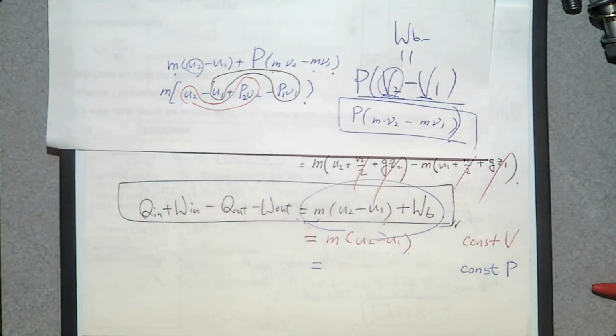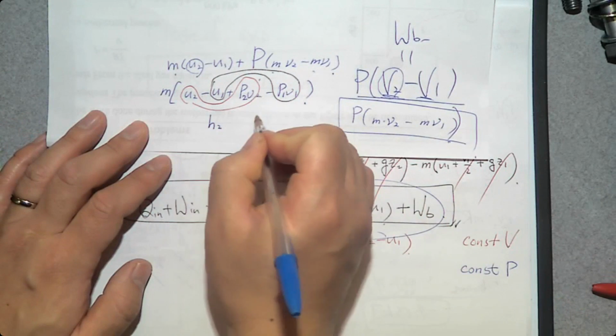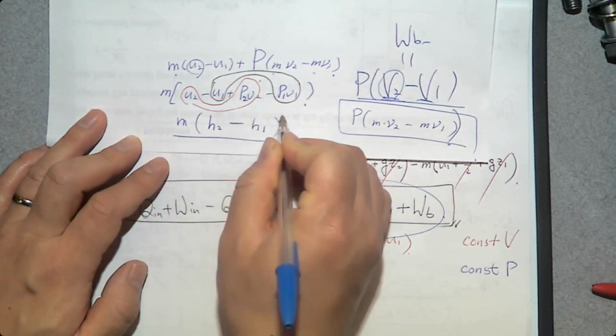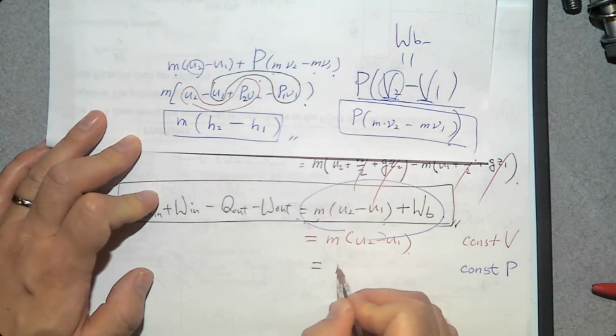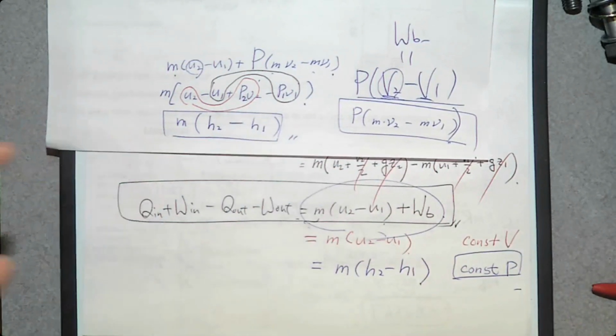Do you remember? We studied it last week, the week before. Enthalpy, h. So this one is enthalpy h2, this one is enthalpy h1. So mass times the change in enthalpy, h2 minus h1, is for the constant pressure.